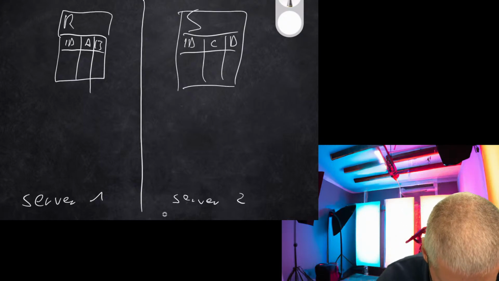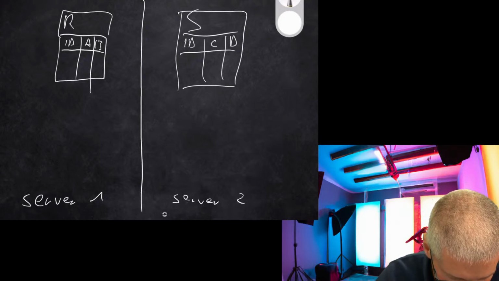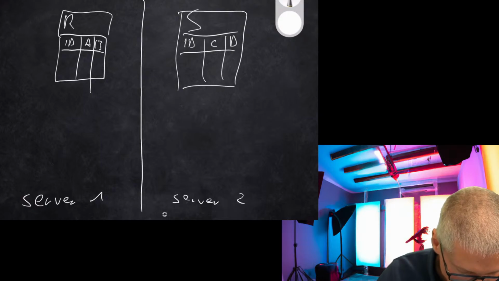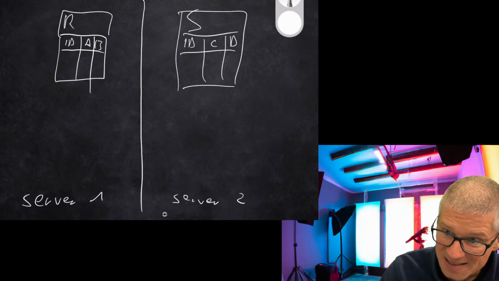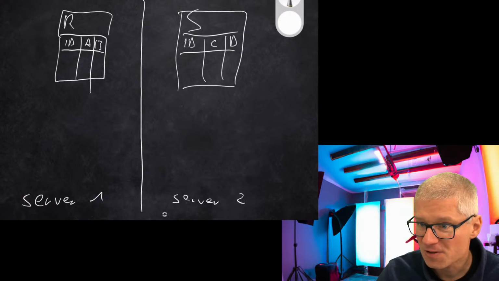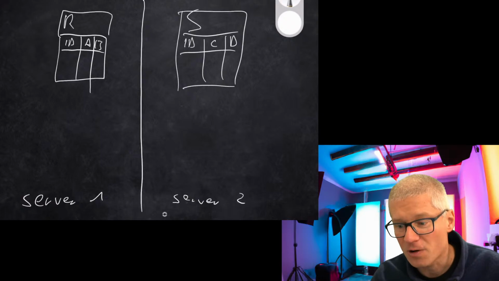The idea of the semi-join, or semi-join reducer as it is sometimes called, is to say, okay, basically I could first send over all of the distinct IDs of one of the relations to the other side. I'm explaining it now for one direction, but you could also do it for the other direction.